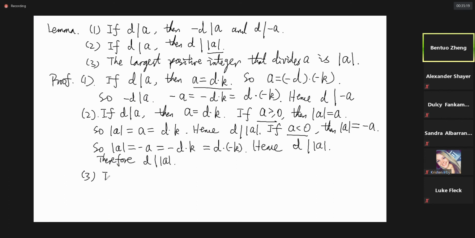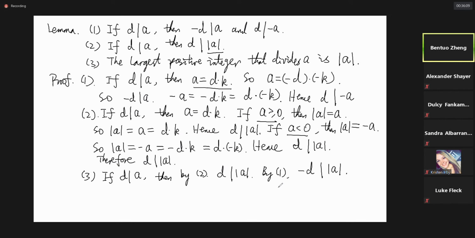So if D divides A, then we want to show D is always less than or equal to absolute value of A. Then, okay, by 2, D divides the absolute value of A. Now, by 1, since D divides the absolute value of A, then negative D also divides the absolute value of A.